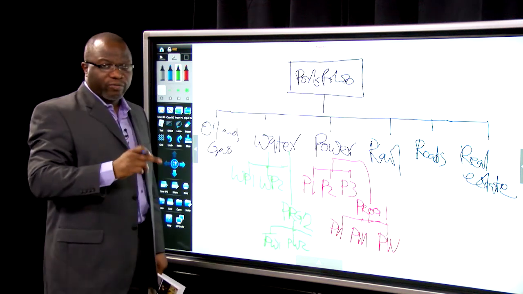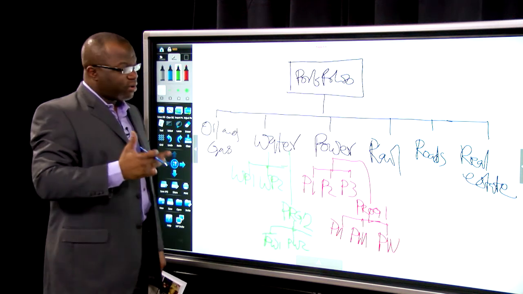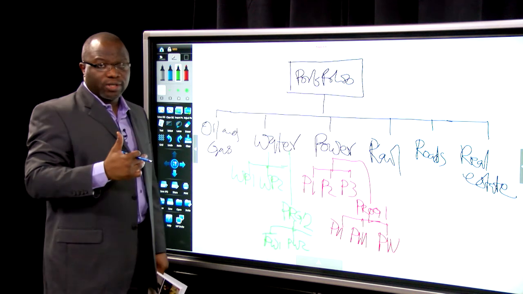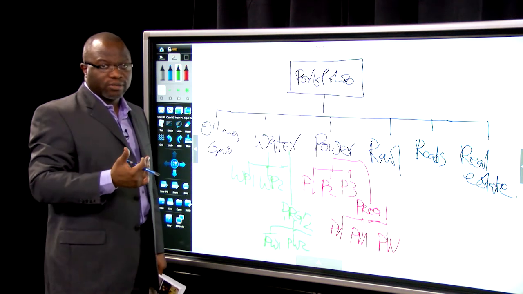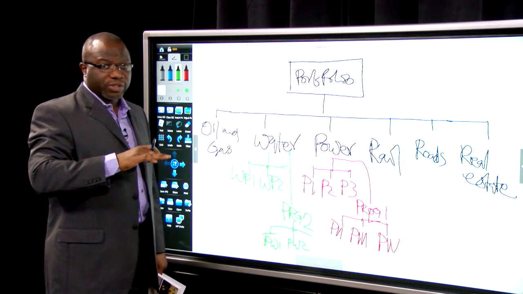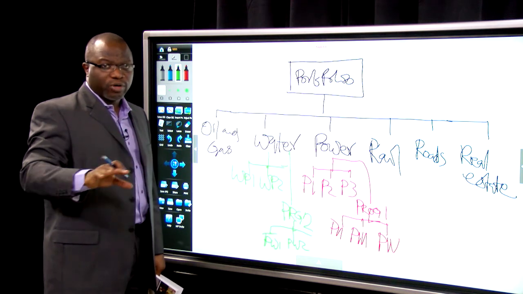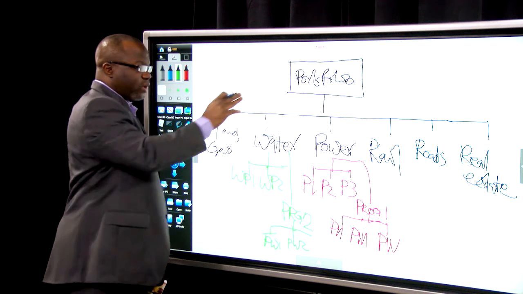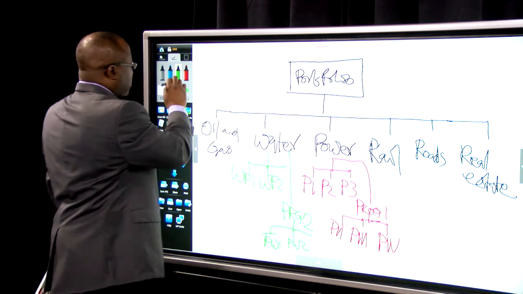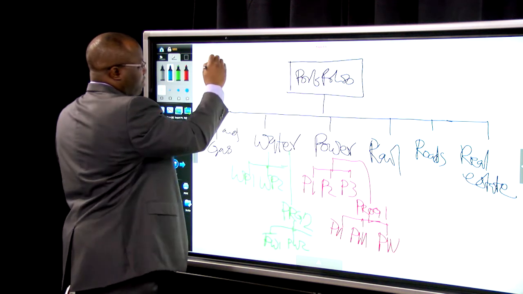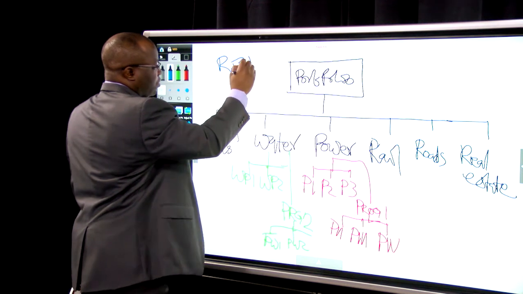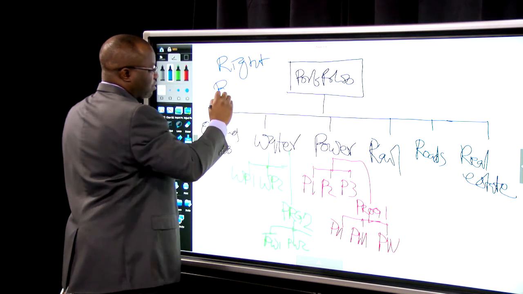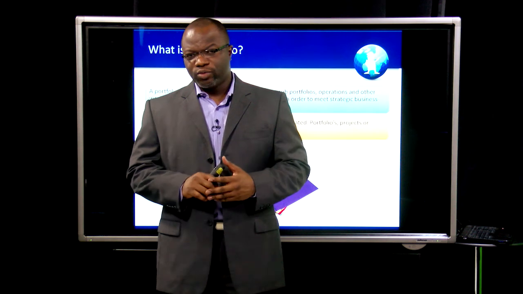Well, that's what portfolio management should do. Portfolio management is about choosing the right projects, not doing the projects right. That's project management and the realm of program management. But under portfolio management, we are concerned with doing the right projects.